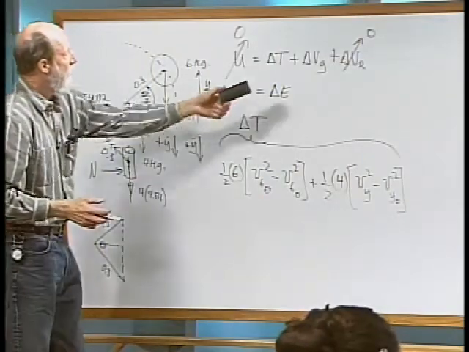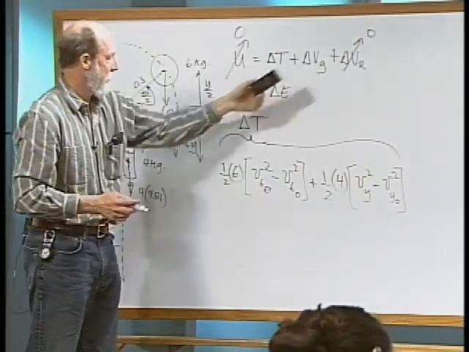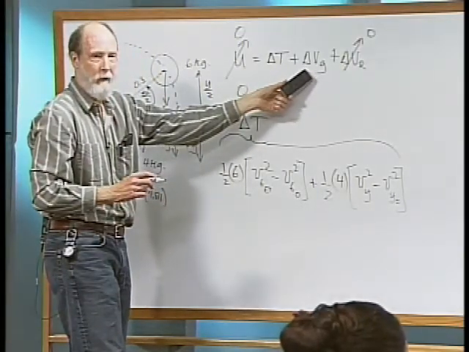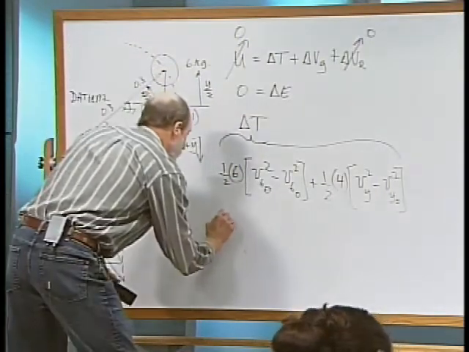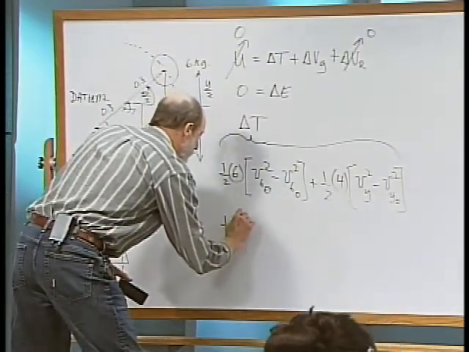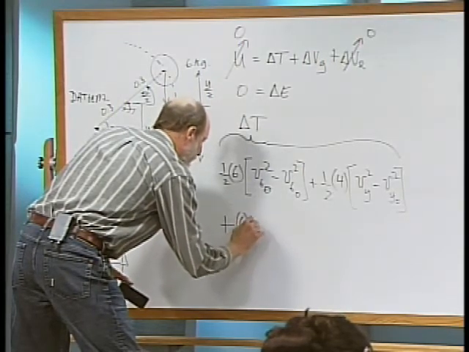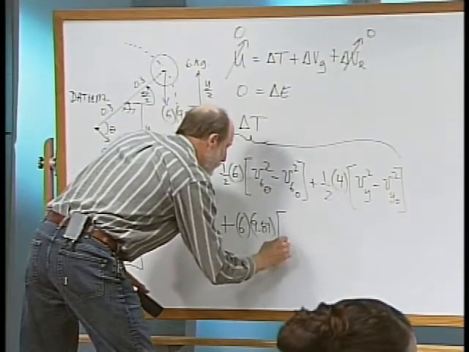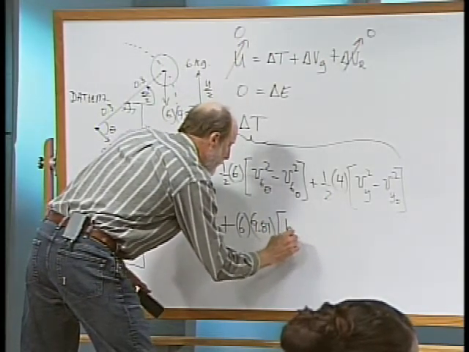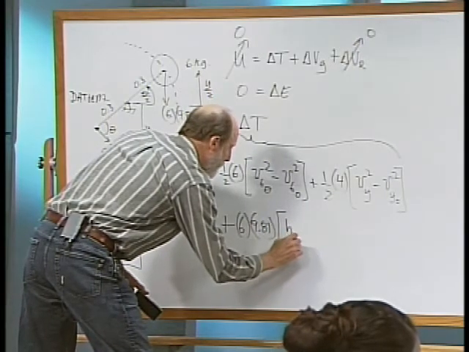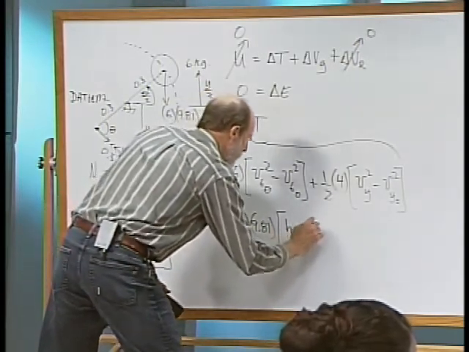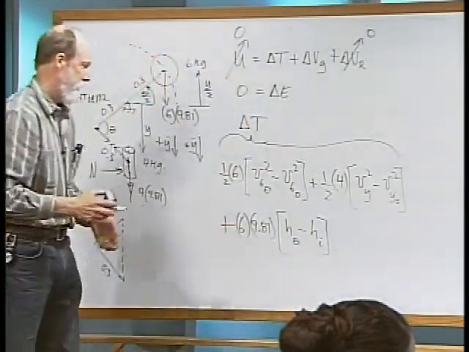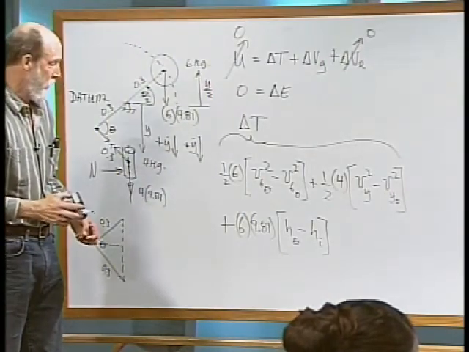And we have to add to that the change in the gravitational potential, reference to the datum. So we're going to add to that the weight. So we have the 6 kilogram mass times 9.81, mg, times its height at some theta minus its height initially, reference to the datum.